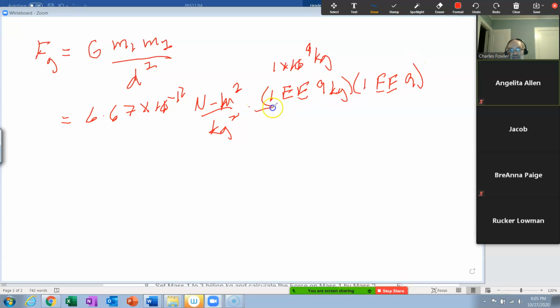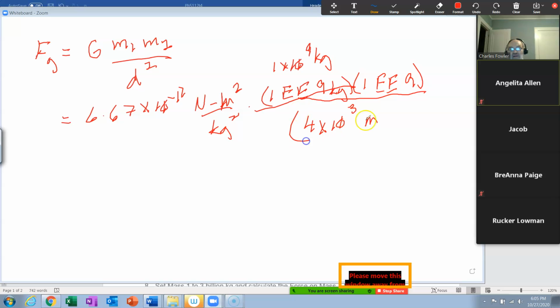Divided by 4 times 10 to the third, because it's 4 kilometers, so 4 times 10 to the third meters squared, because it's d squared. So this is your G, your first mass, your second mass, and here's the displacement squared.